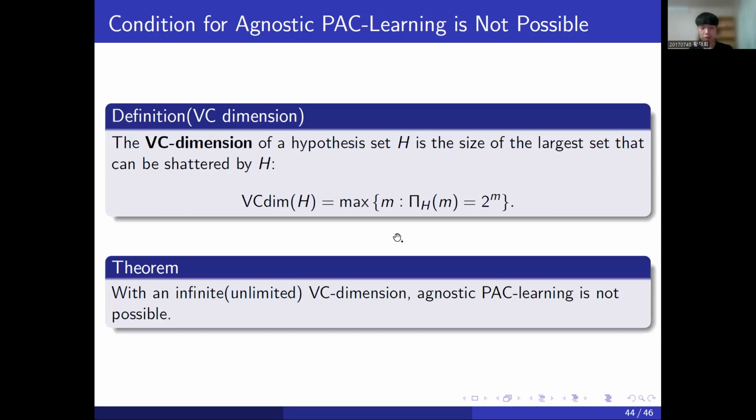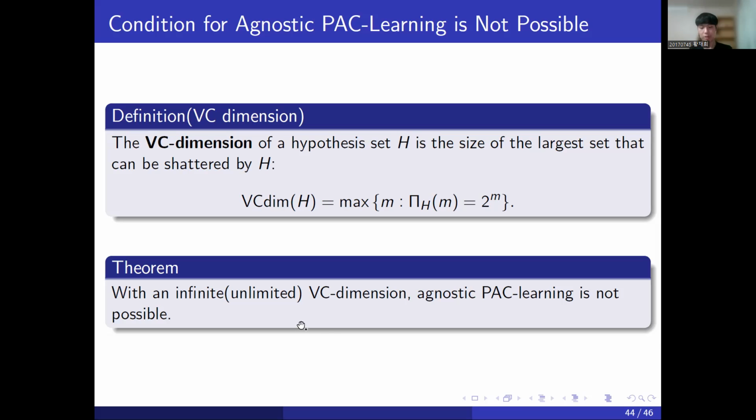And I also wanted to introduce the relationship between agnostic PAC learnability and VC dimension, which was one of the topics of previous presentations. So I quickly introduced the definition of VC dimension. The VC dimension of a hypothesis set H is the size of the largest set that can be shattered by H. And finally, I introduced this theorem, which states that with infinite VC dimension, agnostic PAC learning is not possible.